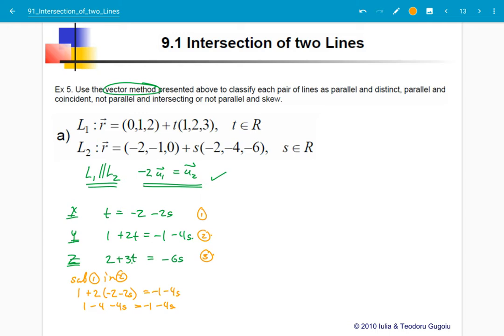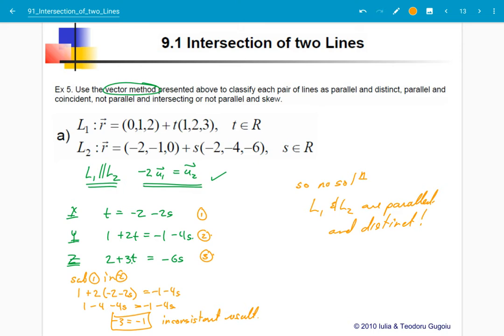And the s is canceling out, and I get -3 is equal to -1. Okay, this is an inconsistent result. So no solution. Line 1 and line 2 are parallel, but there is no intersection, so parallel and distinct.